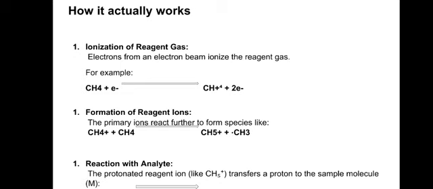The last step is reaction with the analyte. The protonated methane will further react with an analyte and transfer one proton to the analyte and ionize the analyte as MH plus.